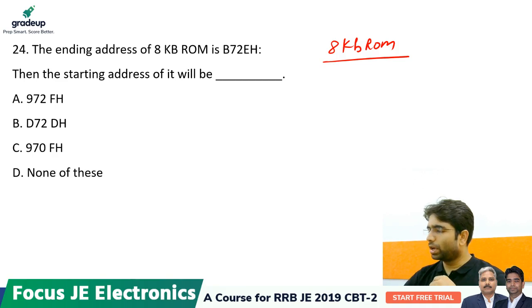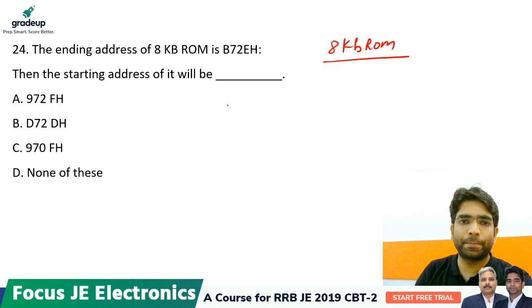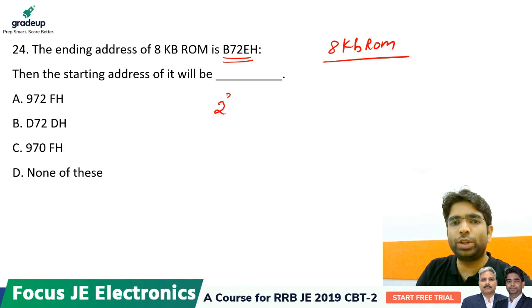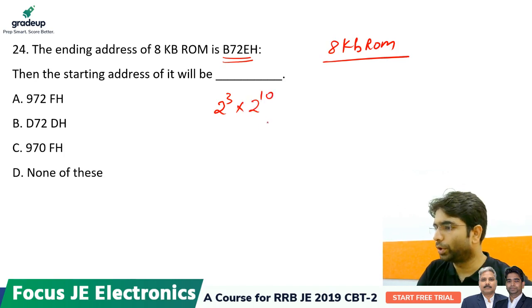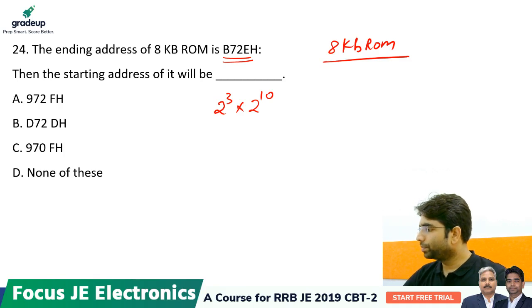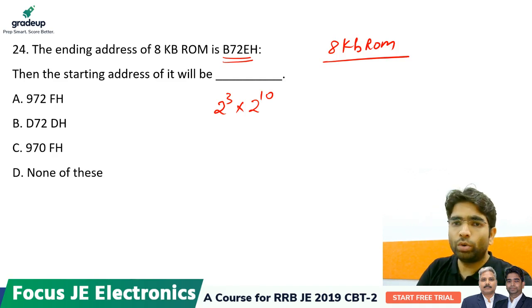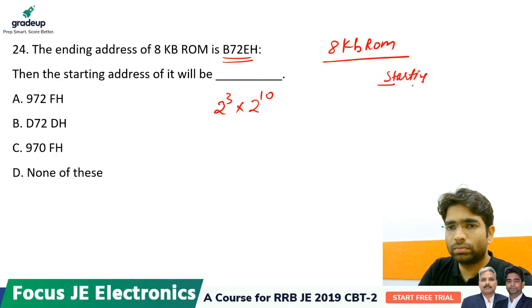My dear friends, for counting the word length, let us come to this place. The ending address is given to you. To find the starting address, do one thing. 8 KB means 2 raised to the power 3 into 2 raised to the power 10. To count the memory size, we use the starting address and the ending address.